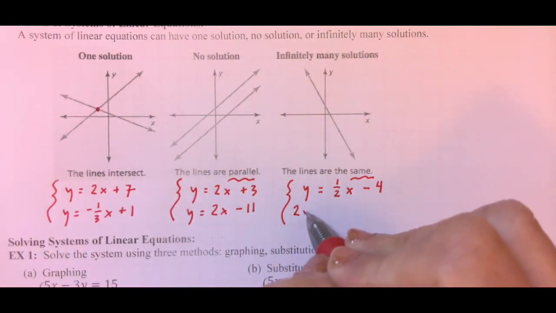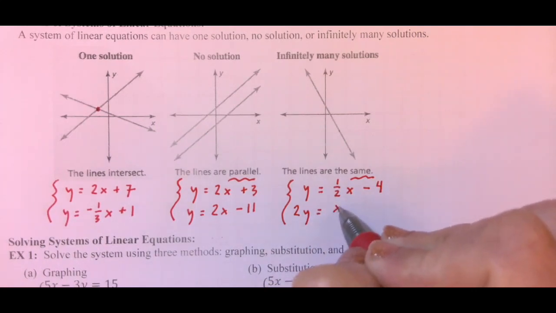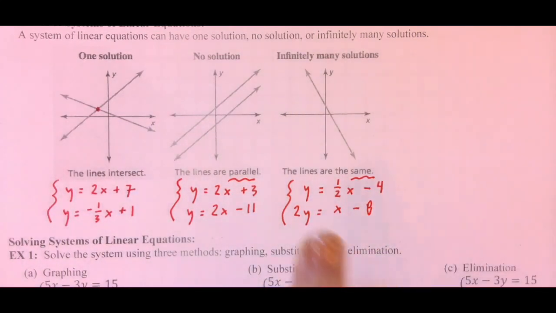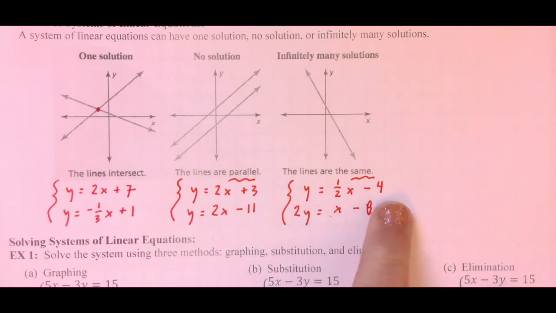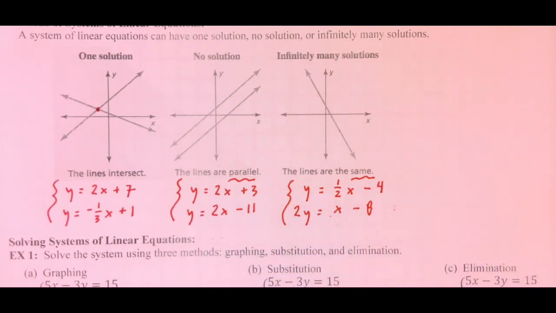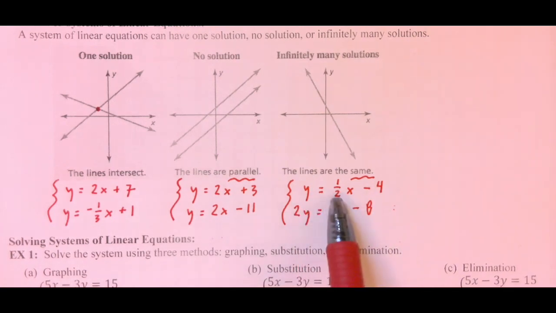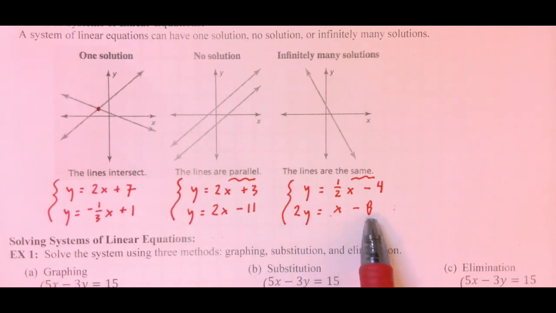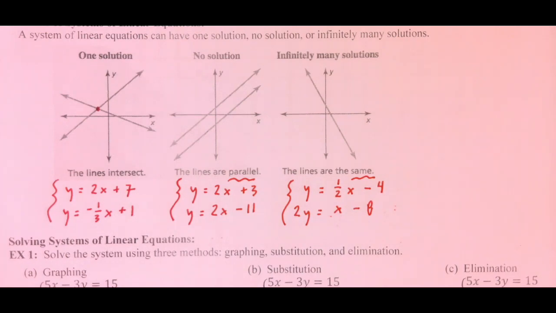That would be 2y equals x minus 8. So I've multiplied each of these by 2. This is my new equation, but it ends up actually being the same equation as the first. All that's changed is every term here got doubled to create this equation here. And if I was going to graph each of these equations, they're the exact same line.